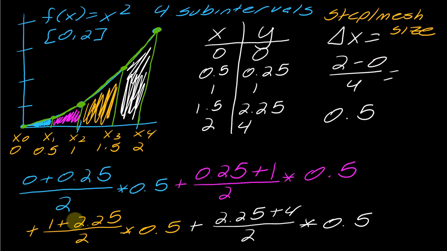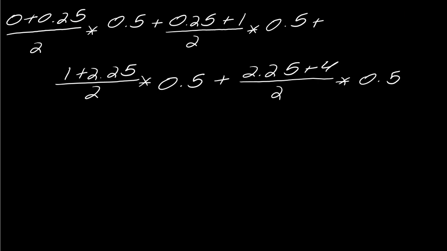Okay, so now that I have this whole formula kind of written out, I want to take a look at this one more time. So I'm actually going to restate it. So here it is, and I just want to notice what things every single term kind of has in common because I'd like to factor that out. So the width is the same, right? And then also you're always dividing by 2. So I could actually really factor out this 2 and this over 2 and then this 0.5.